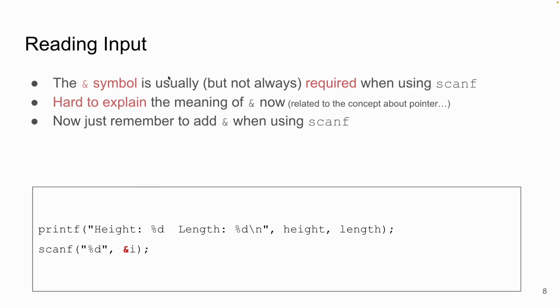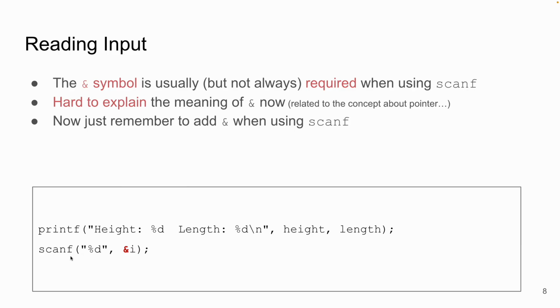So you will always see that we have the AND symbol here in front of the variables in the scanf. But it's actually pretty hard to explain why for now, because this AND symbol is related to the concept of pointers.